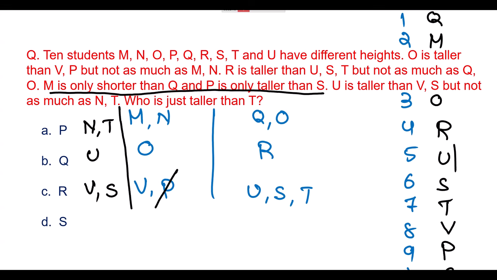N and T, U is this, and we definitely have R also taller than U. U is taller than V and S, T also. So R, U, V, S, T should be blank in between.